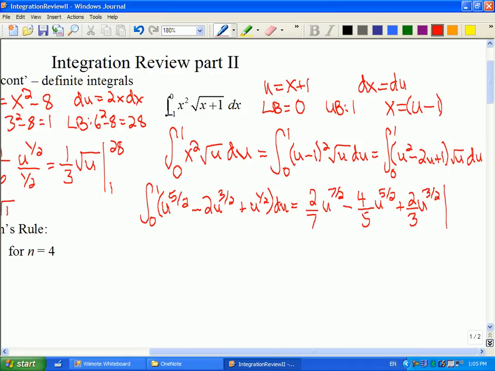And we're evaluating this one from 0 to 1. So again, it would be 2 out of 7 minus 4 out of 5 plus 2 out of 3. And at 0, there'd be nothing there. So we could work that out to get the exact value for that area.